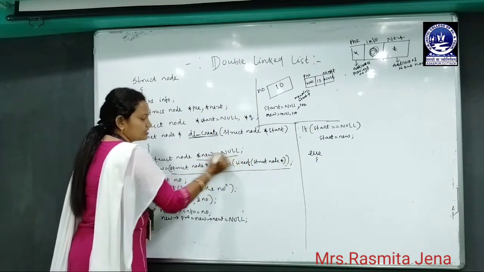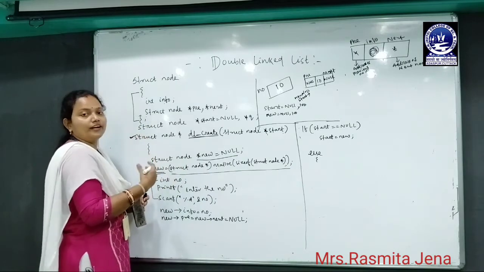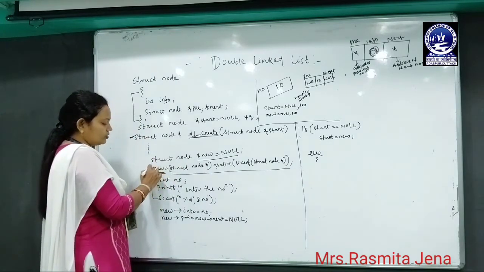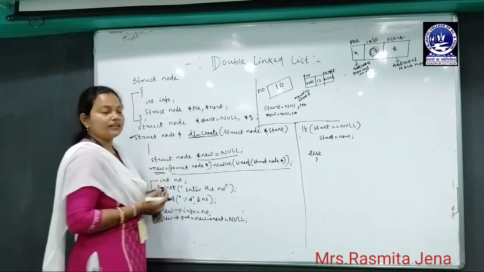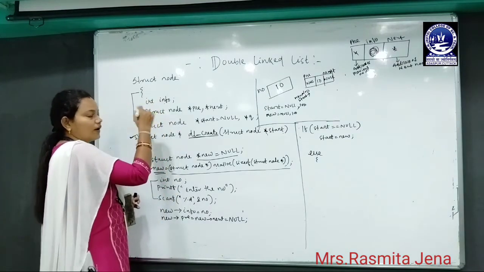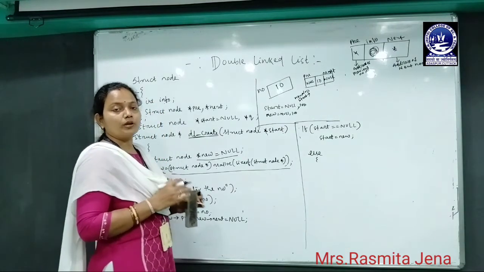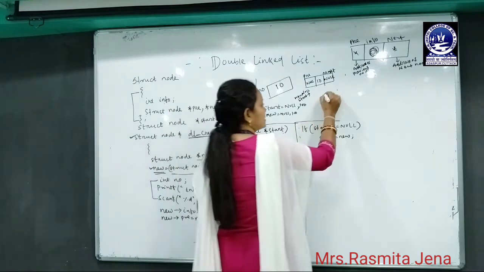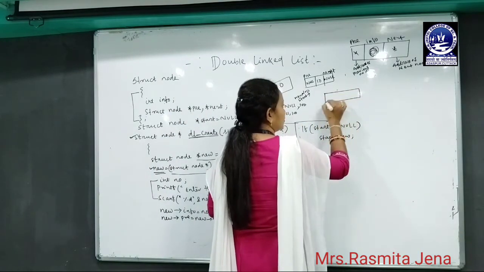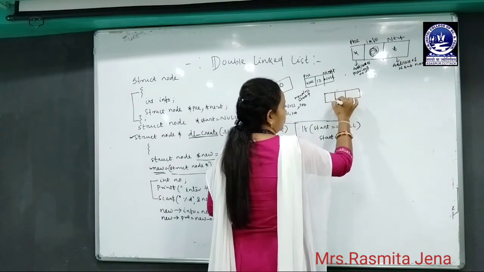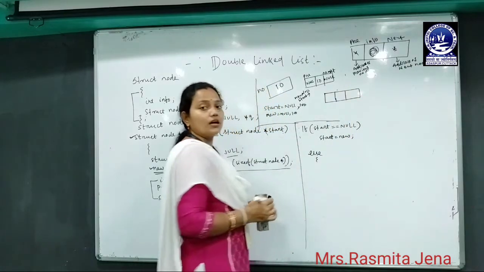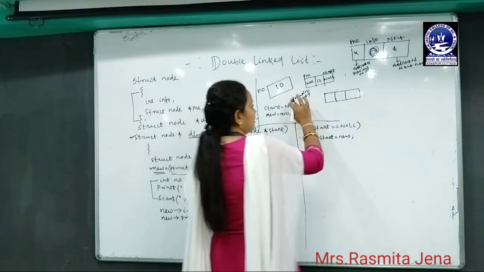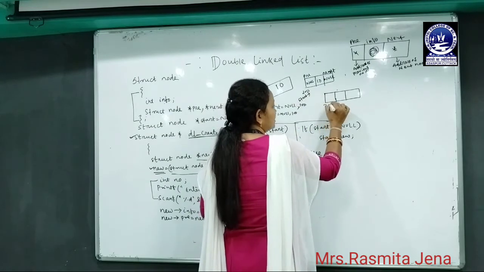When I execute this statement, a new pointer is declared, and when I execute this, a new node is created of the structure like this: one info part, a pre part and a next part. So the next node is created when I execute new = malloc(sizeof(struct node)). Now new points to this node.